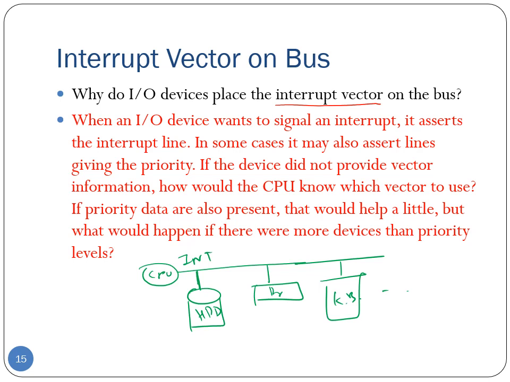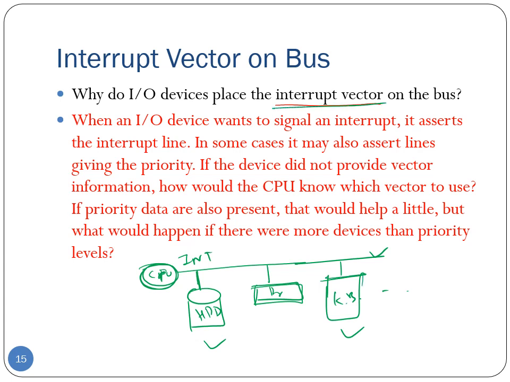There are so many IO devices connected to the same interrupt line of the CPU. So any of these IO devices, whenever it needs to send an interrupt to the CPU, will have to assert a signal on this interrupt line. Now the problem is, the CPU receives the interrupt, but then how does the CPU know which of these devices has caused the interrupt, whether it is the hard disk, or a keyboard, or some other IO device? So the way these IO devices identify themselves is with the help of this interrupt vector.